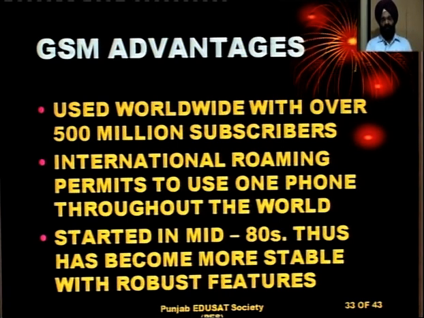Because it is an old standard, it has become more stable with robust features now, because GSM was started early, so all the features which were required were tried to be imposed in this kind of system.